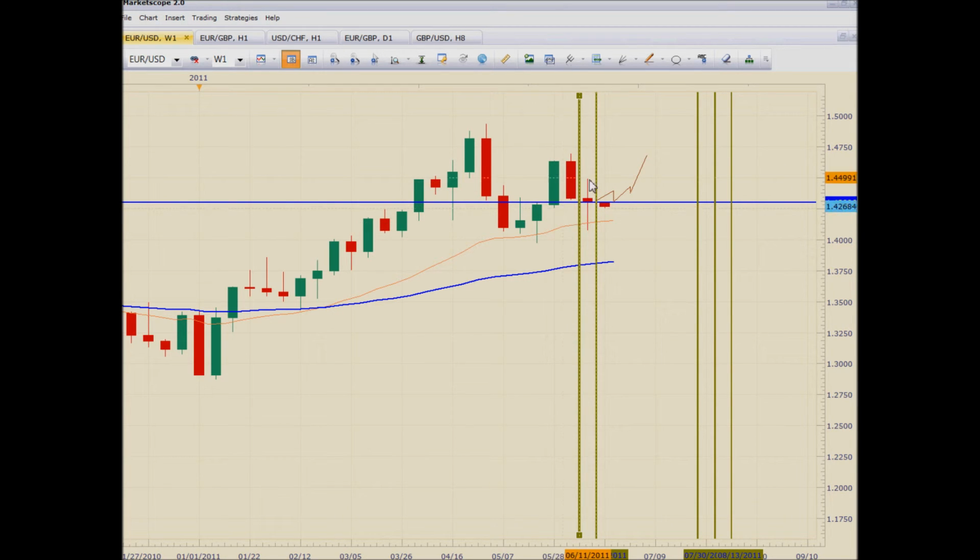This candle is telling me stay out of the market until you get some confirmation, because this candle is showing me that people bought it to the upside and then they sold it off to the downside, and now they bought it back up and had it close very close to where the previous week's candle closed.